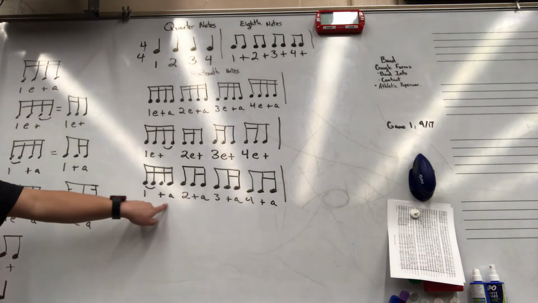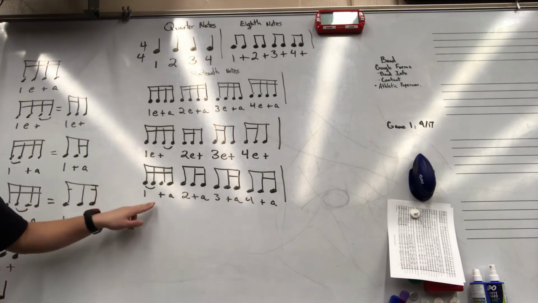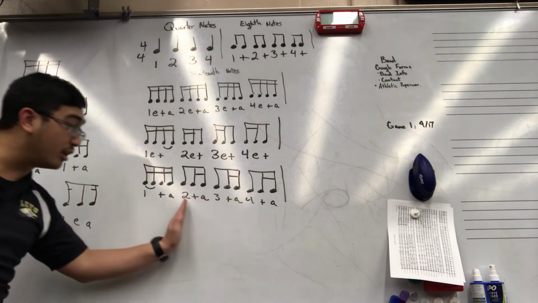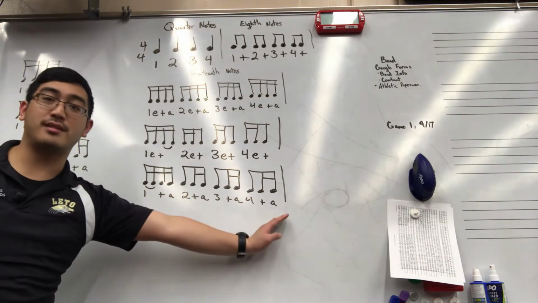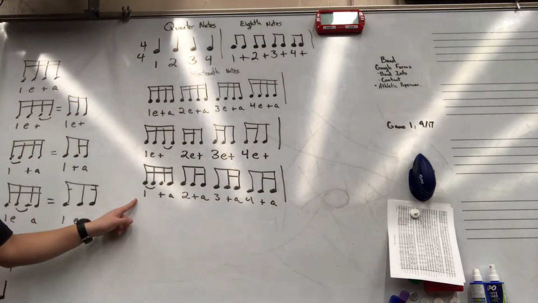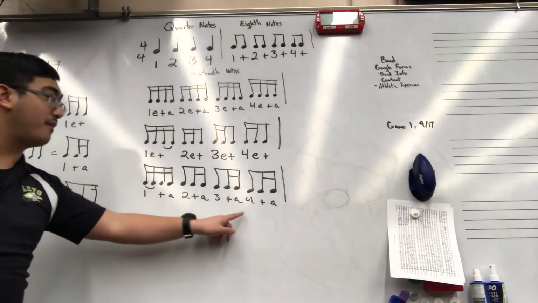Again, this first beat is drawn out in 16th notes with the tie, but the true notation is this. This entire measure sounds the same. This is what it sounds like. 1 and a 2 and a 3 and a 4 and a.